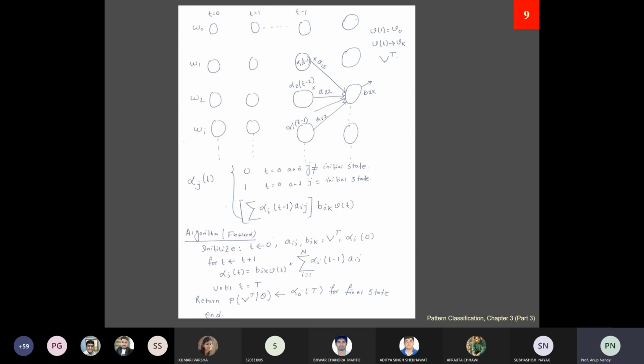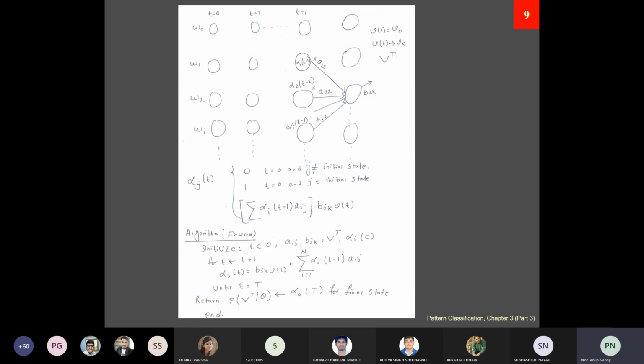So alpha 1 t minus 1 means, what is the probability that the model is in a particular state at t minus 1 after emitting an output symbol? So that's why it is alpha 1 t minus 1. Now whenever alpha 1 t minus 1 goes to another state, you need to multiply with a transition probability.